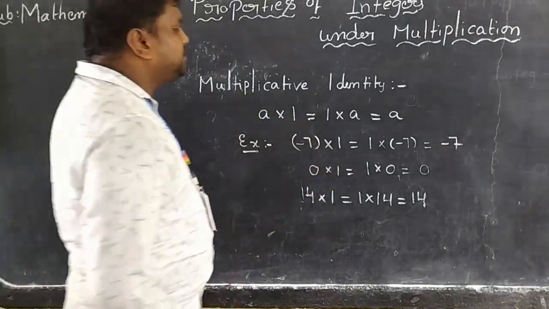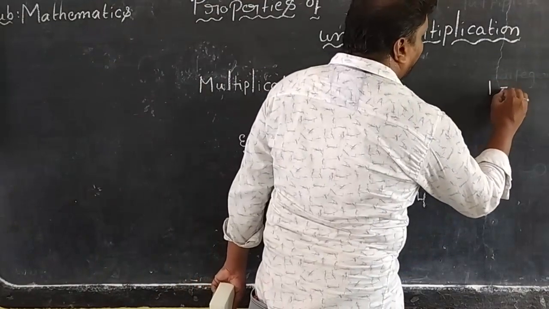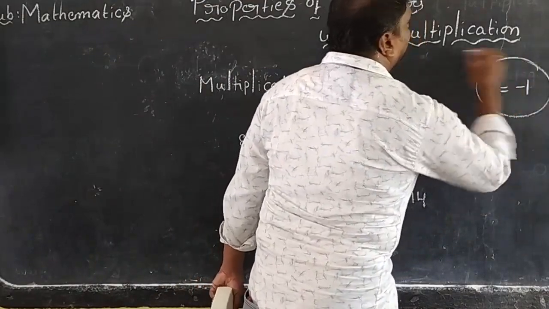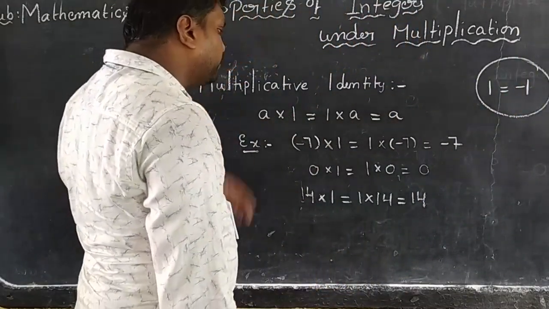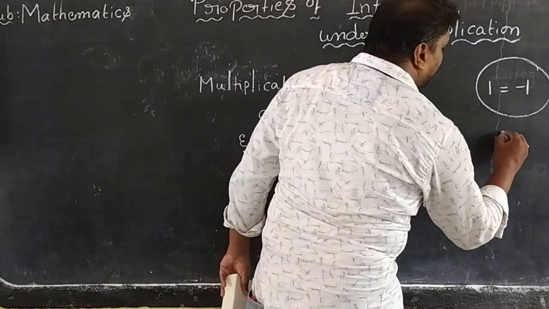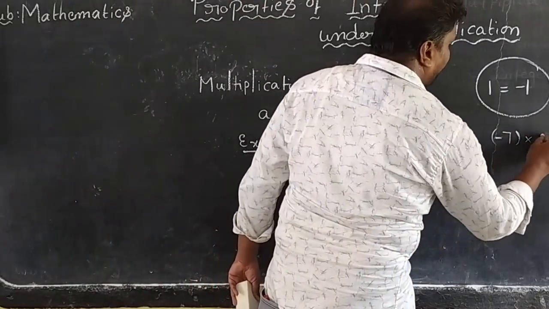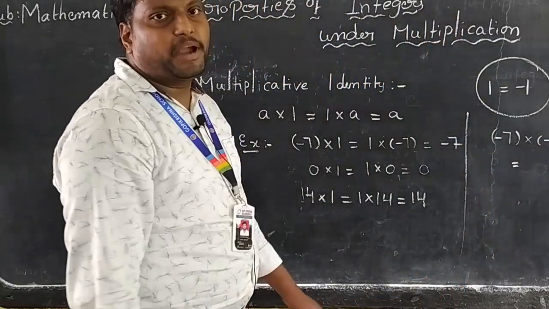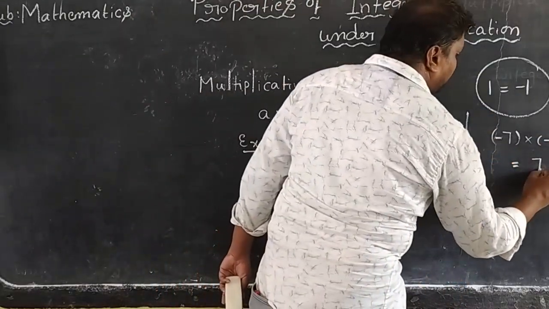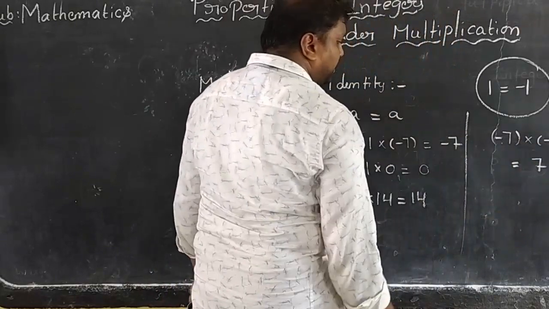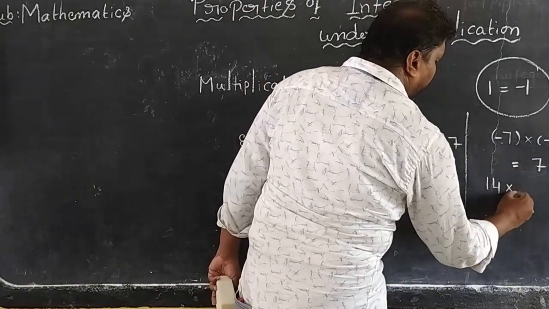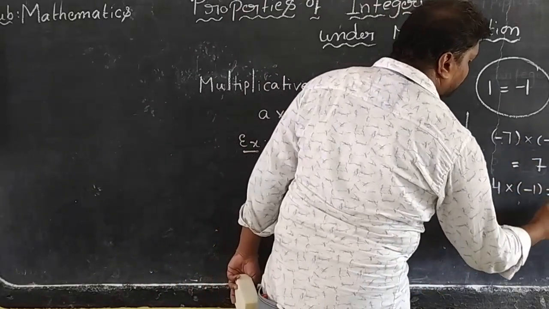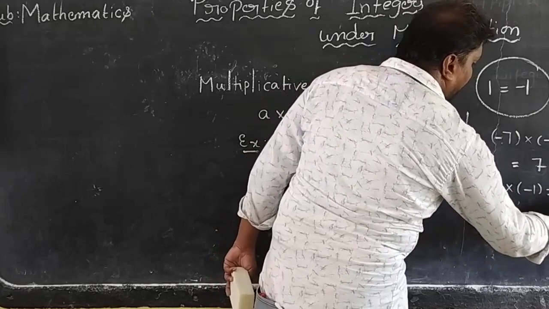For example, instead of 1 we will take minus 1. What will happen? See, minus 7 into minus 1 is 7, because 7 1s are 7, and minus into minus is plus. Like that, 14 into minus 1 is equal to minus 14.